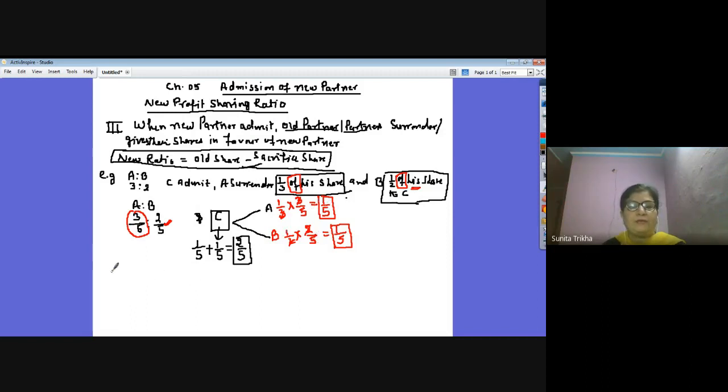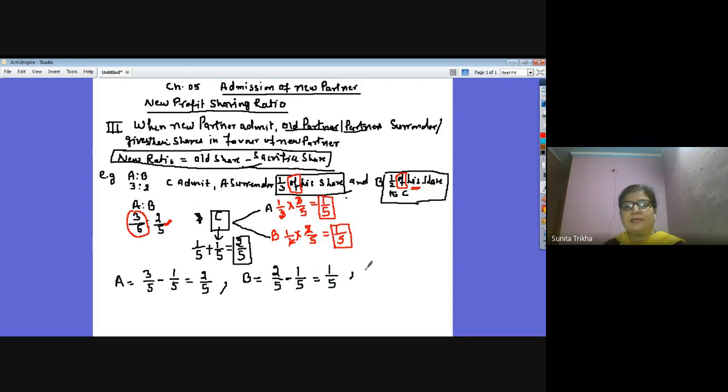Now you are able to calculate the new ratio by applying the formula old share minus sacrificing share. Old share of A is 3/5 minus sacrificing share of A 1/5, it means 2/5. In the same way, B's old share is 2/5 minus sacrificing share of B is also 1/5, it means 1/5.